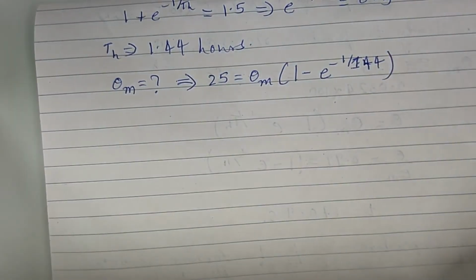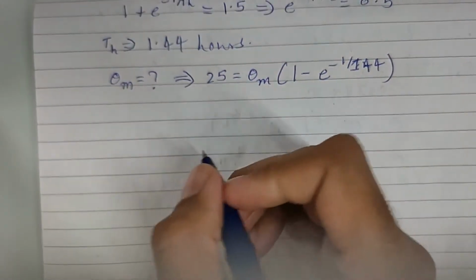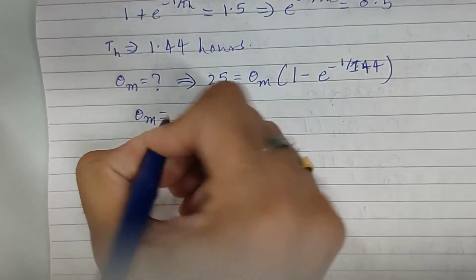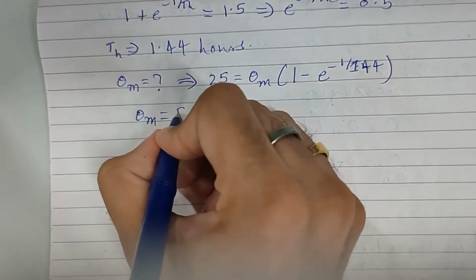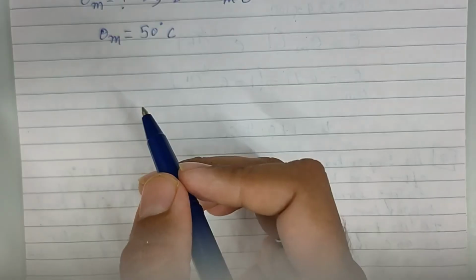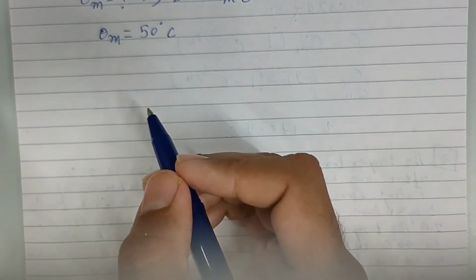On solving this particular problem, you'll get the value of theta m as 50 degree centigrade.